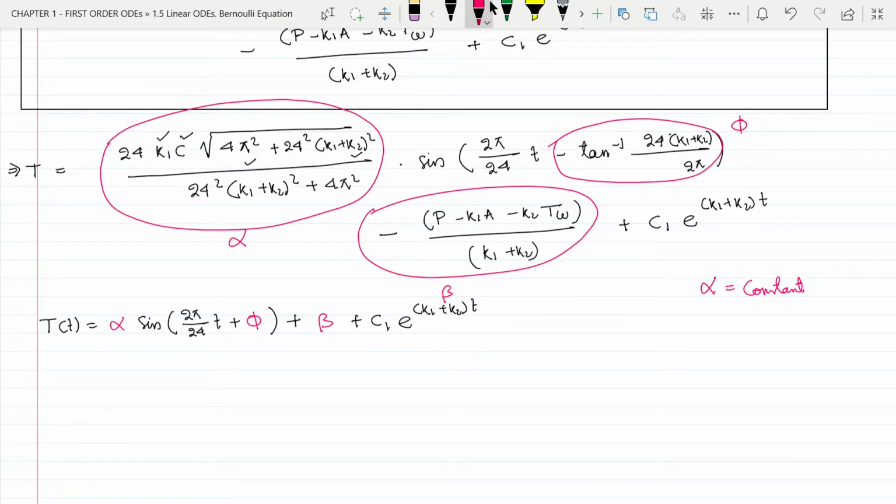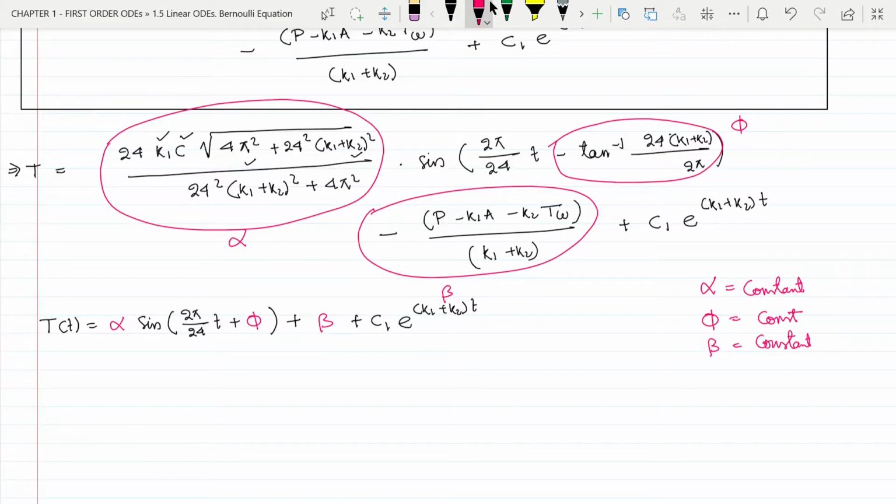So this phi term is also a constant. Let us look at beta. For beta, the constituent terms are P, K1, A, K2, T omega, and all those terms are also constants. So that means beta is also a constant. So all three terms are constants. They may be positive or negative, but all of them are constants.